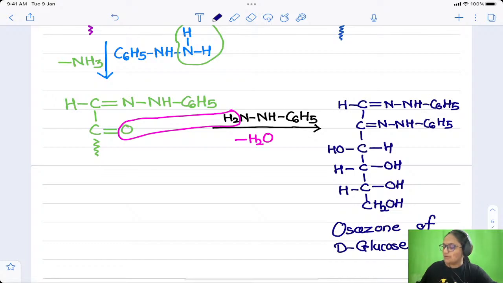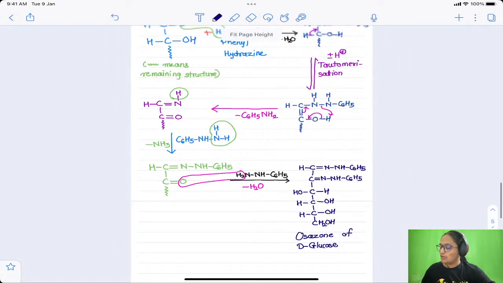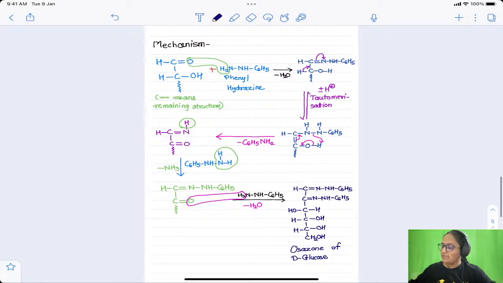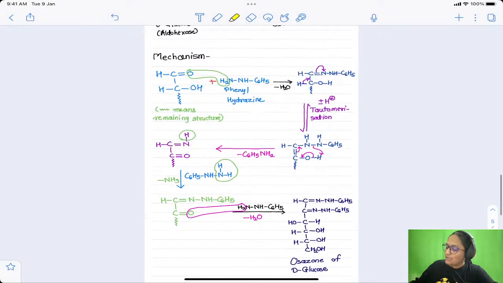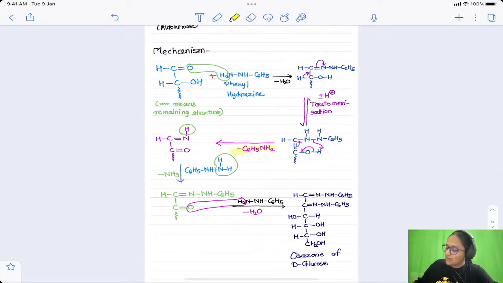This is the osazone of D-glucose molecule. Now in this osazone molecule, if you observe its mechanism again carefully, what are the byproducts obtained? The first byproduct is nothing but C6H5NH2. Next is water, and the third one is ammonia.